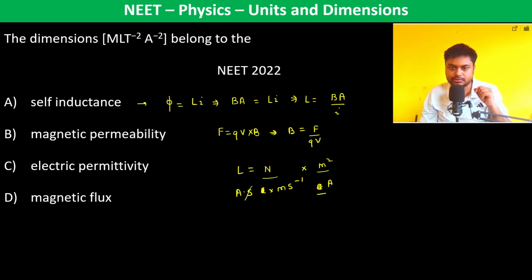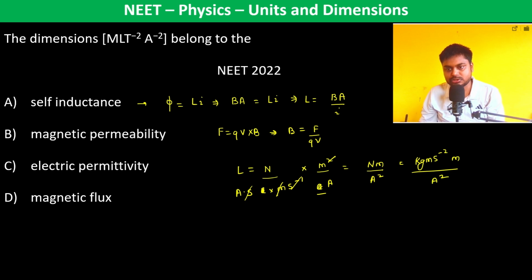So that is gone, this is also gone, so this becomes Newton meter per ampere square, which is kg m s minus 2 m divided by A square. So this is M L square T minus 2 A minus 2.